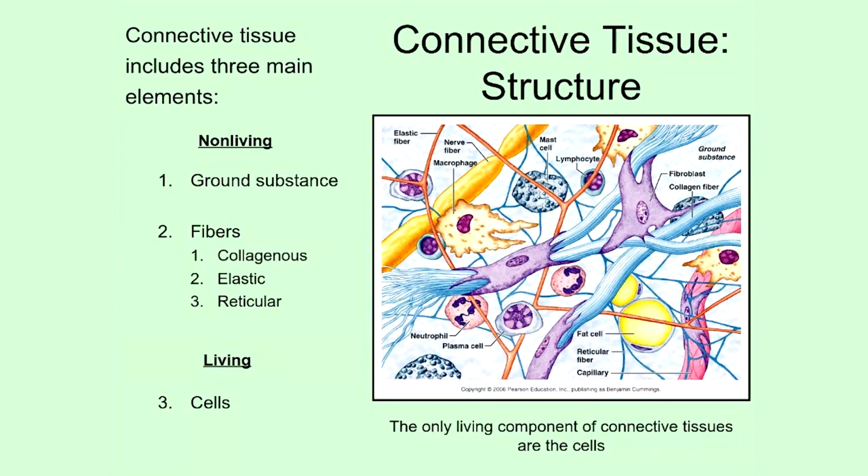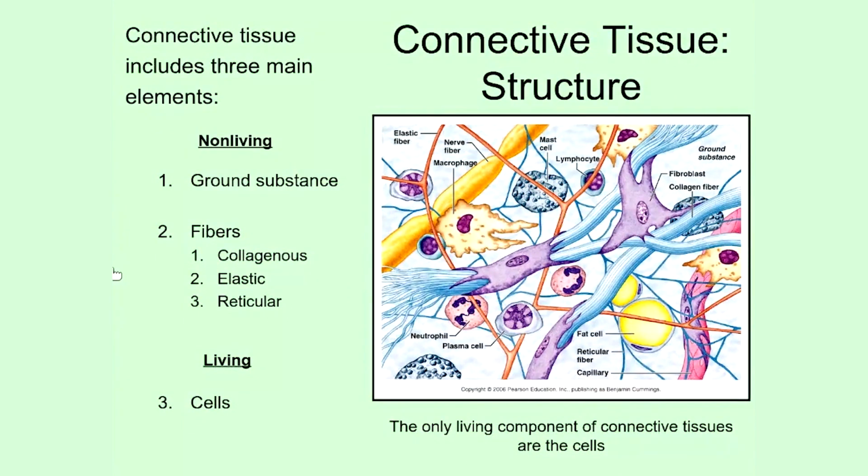I want to start with the fibers first, because they are quite easy to see on this diagram. In this artist representation of the connective tissue, you'll notice these long, stringy fibers running or scattered through the tissue. The first one that I'm running my finger along here is what's known as a collagenous fiber.